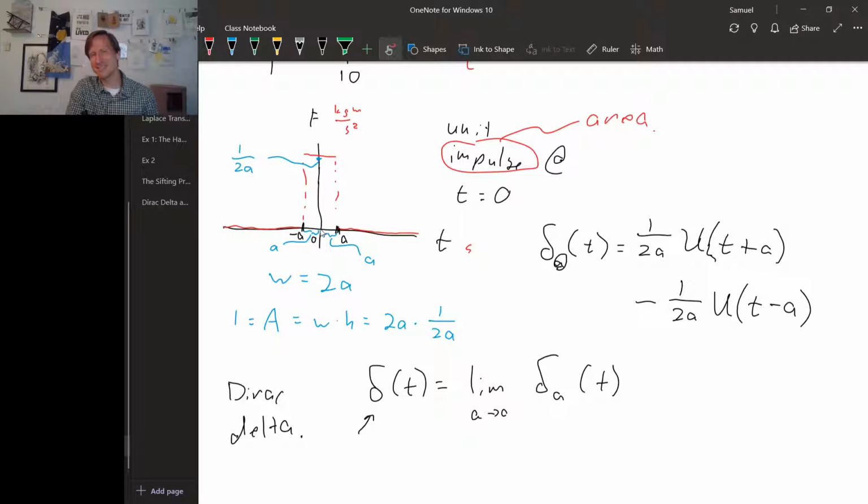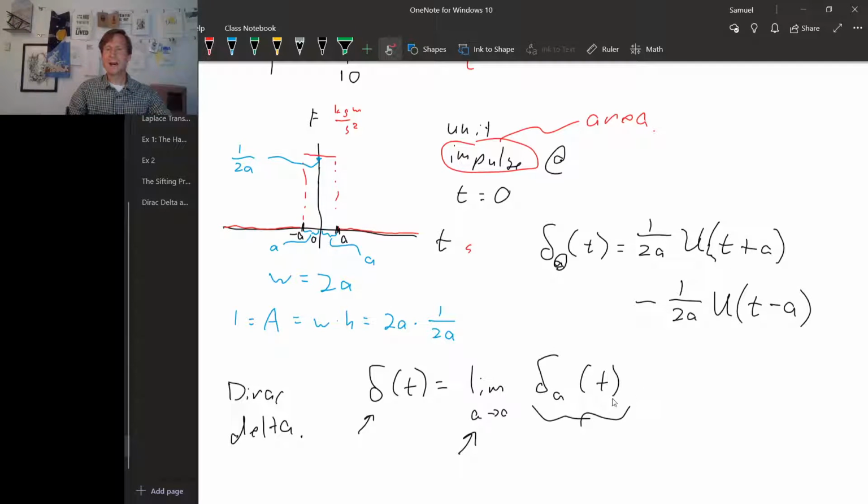It's not well defined. So this thing delta, it's not really a function. In fact, it's something called a distribution, but anytime we have some question about what delta actually does, how it works, we're going to replace delta with this limit and work with delta sub a instead, and then do whatever analysis we need to do, and then take a limit as a goes to 0.